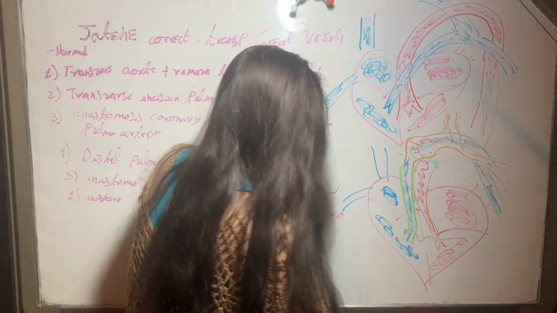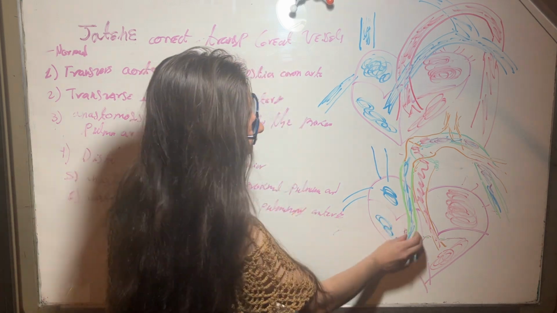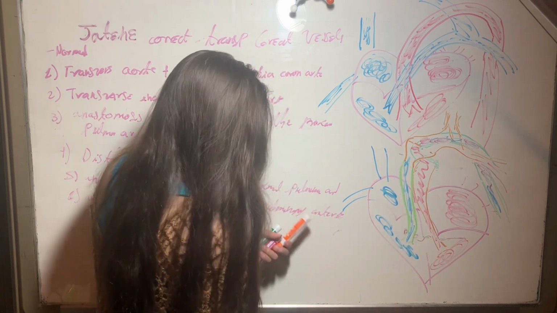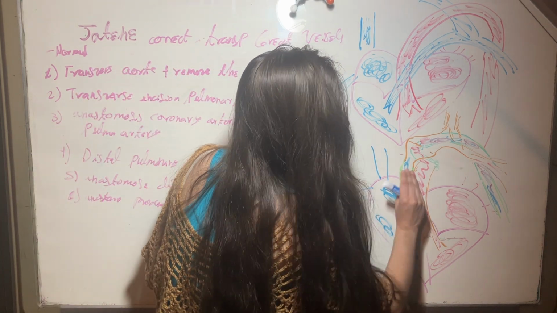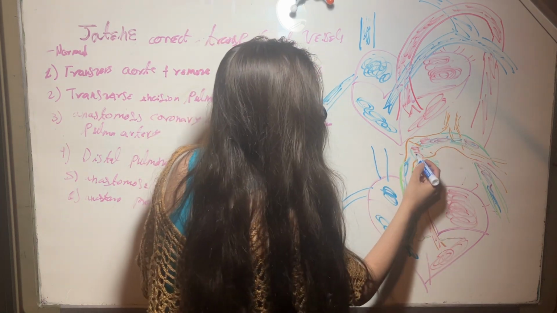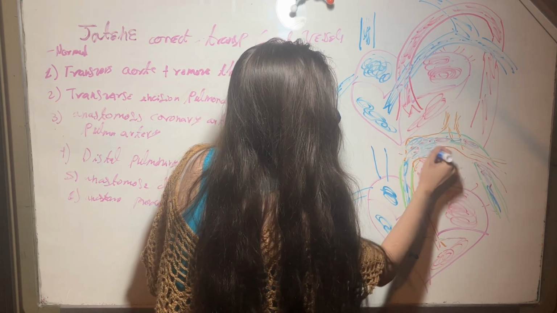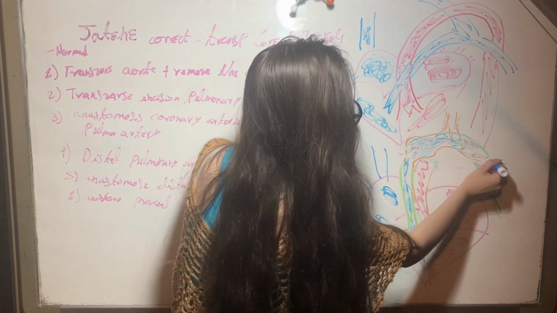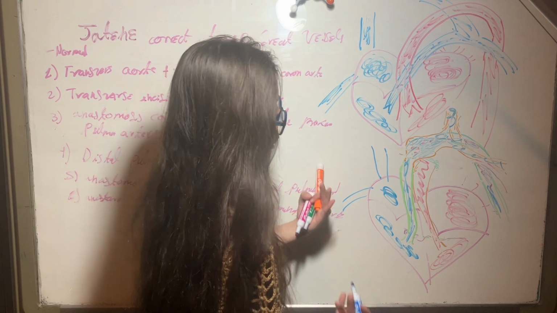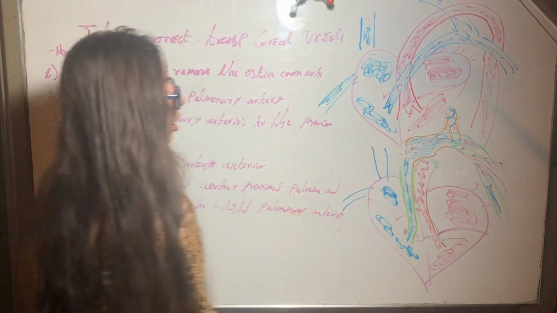And now the blood coming from the right ventricle passes through this, that was the proximal aorta. This is the deoxygenated blood, and then this blood passes to what was the distal pulmonary artery. This blood goes to the lungs and gets oxygenated, and then the blood returns with oxygen to the left atrium.